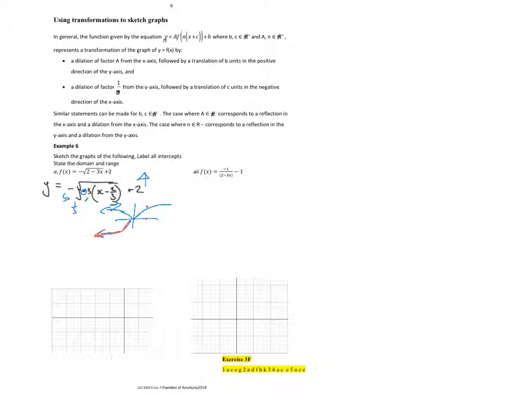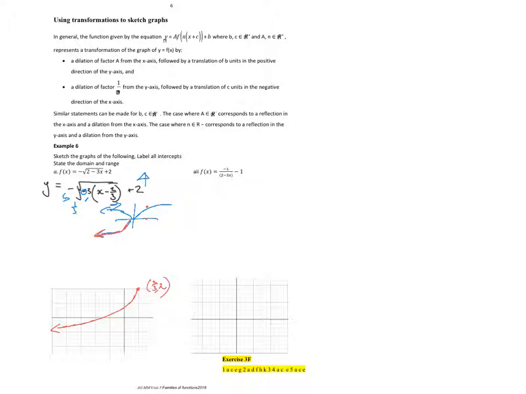So my starting point, if you like, is 2/3 across and 2 units up. And you would imagine the x-intercepts and y-intercepts are something like that. Okay, but we can confirm that.